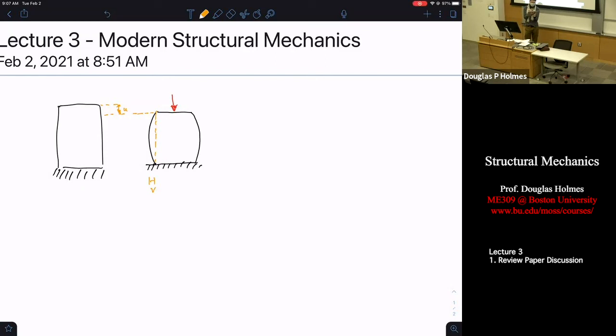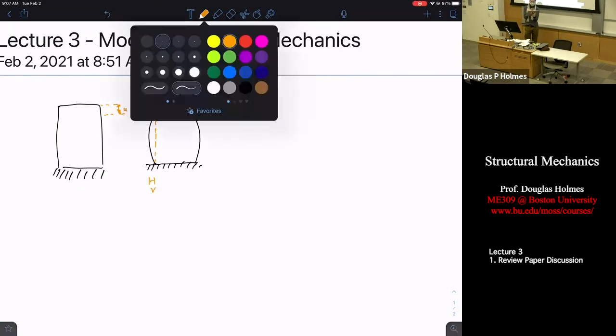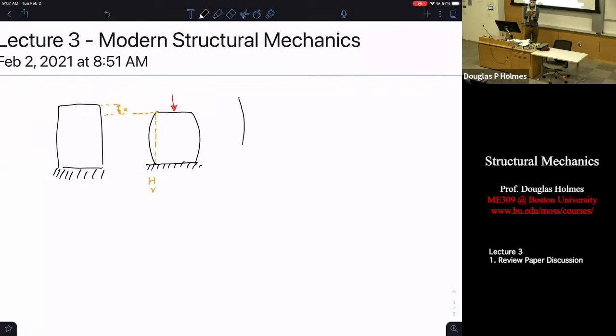Conversely, you take the same material and you stretch it by some amount, and it shrinks there. The Poisson ratio is essentially the ratio of those two strains.